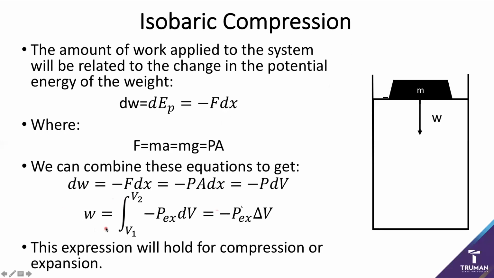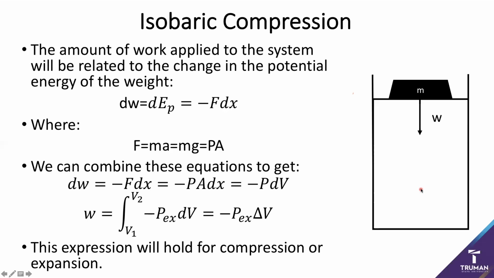And it turns out that this is going to be a fairly useful equation for us anytime the pressure being applied to a system is relatively constant, which may be more often than you'd think. However, let's say I throw my weight on top of my piston and the system then compresses.